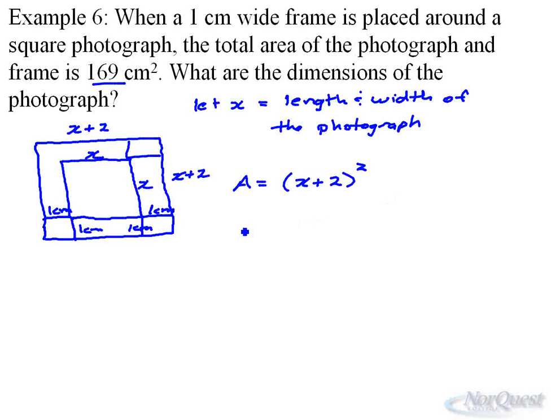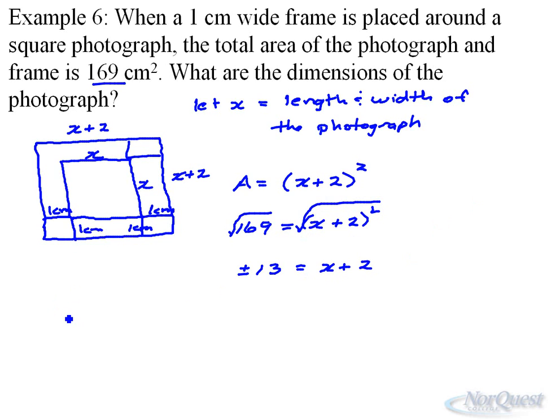We know what that area represents. So 169 equals x plus 2 squared. If we take the square root of 169, we know that plus or minus 13 will be equal to x plus 2.